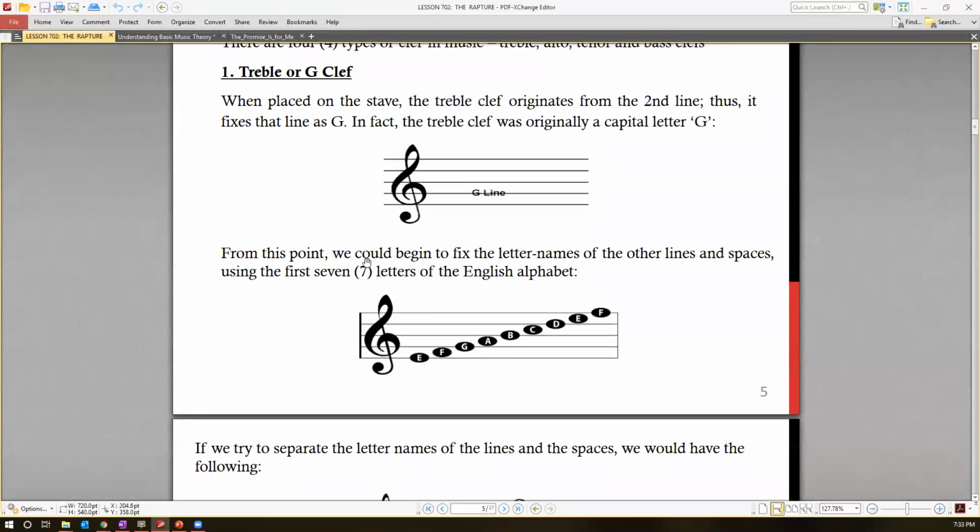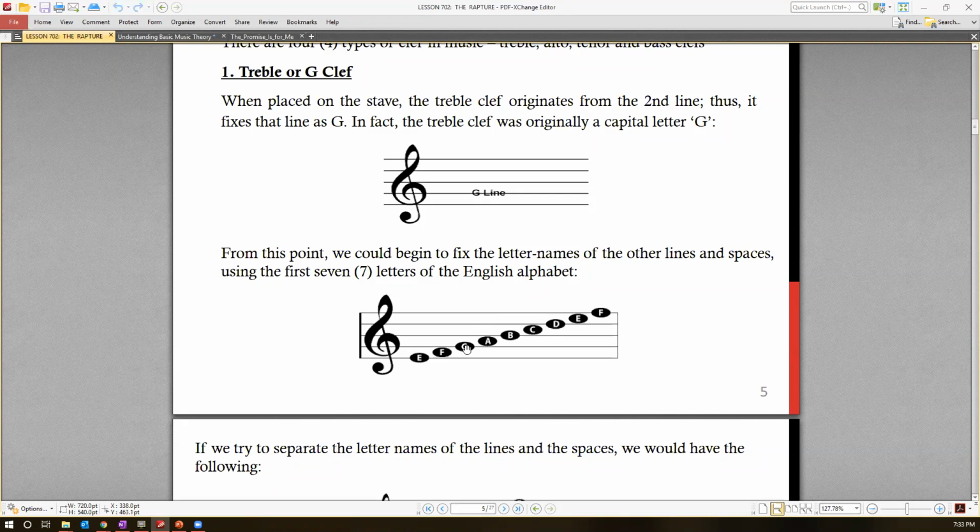Now, from this point, we could begin to fix the letter names of the other lines and spaces using the first 7 letters of the alphabet. So that's our treble clef or G clef, and this second line is our G. Now, remember, when we're going up, we go up with the alphabet as well.